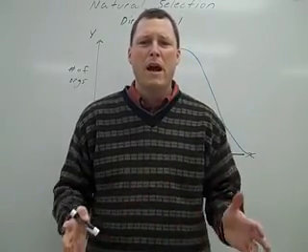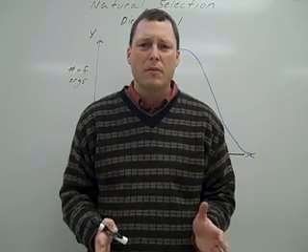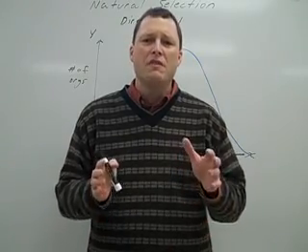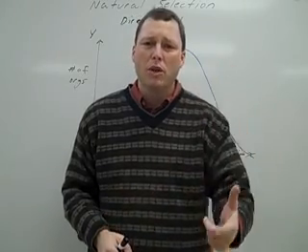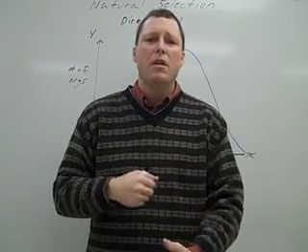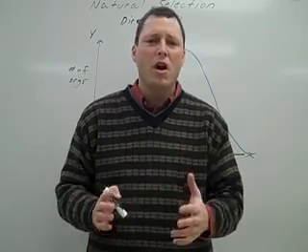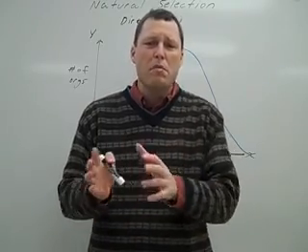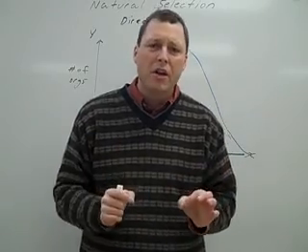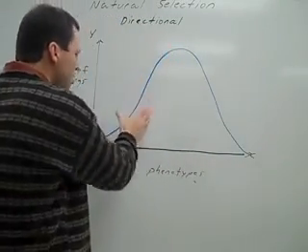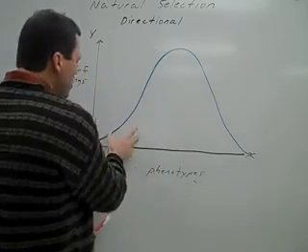What type of bird population is going to do best? Those individuals that have smaller beaks are going to do better. They're going to be able to not only open the seed, but they're going to be skilled at it. They're not going to be awkward at it. So smaller beak size is going to be selected for here. When that occurs, our trend line is actually going to shift to the left here.